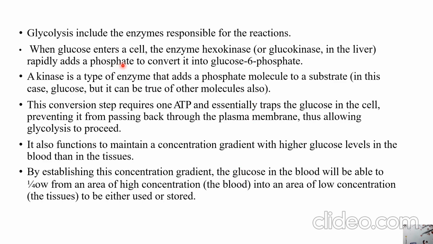Now, a kinase is a type of enzyme that adds a phosphate molecule to the substrate. So in this case, glucose, but it can be true of other molecules also. Now, this conversion step requires 1 ATP and essentially traps the glucose in the cell, preventing it from passing back through the plasma membrane, thus allowing glycolysis to proceed.